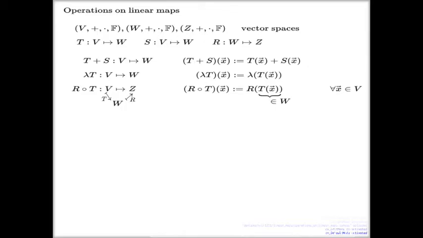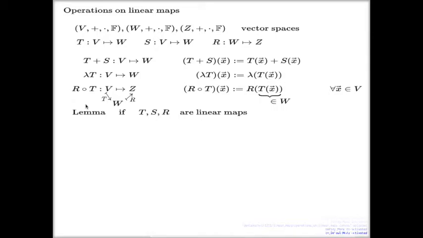Okay, so the main thing which you need to know about these operations, and this is the main thing which I collected into a lemma, is this: if the original T, R, and S are linear maps, then, once again, the construction of these operations has nothing to do with linearity. You can construct similar operations on maps which are not necessarily linear. However, we deal only with linear maps, so that's why I have this lemma.